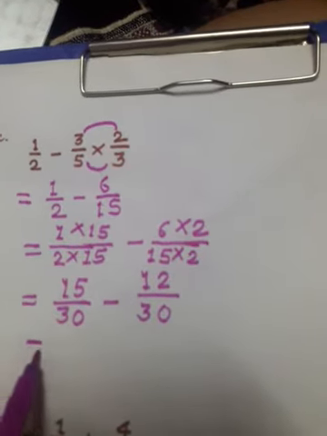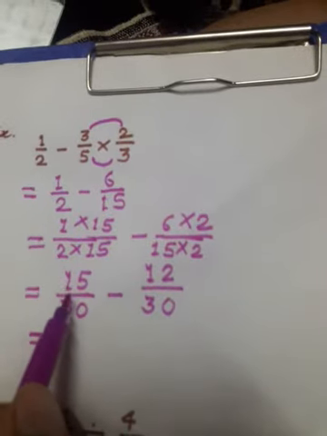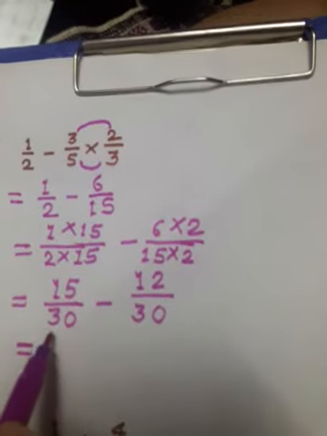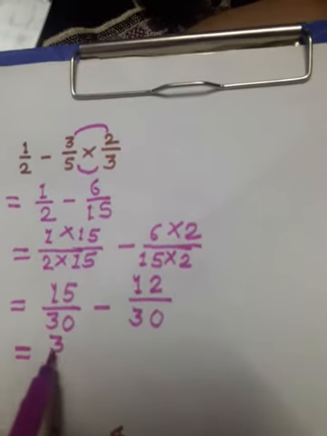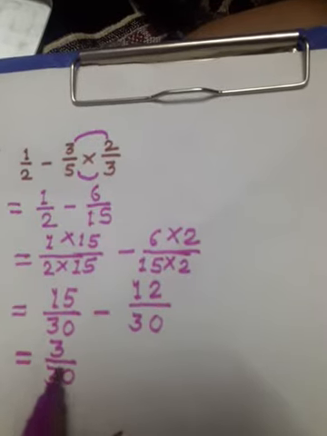Now both the fractions are like fractions, therefore we will subtract only the numerators. 15 minus 12 is equal to 3 upon 30, the denominator remains the same.